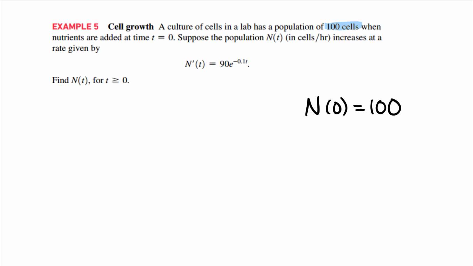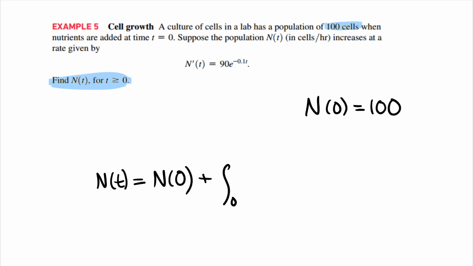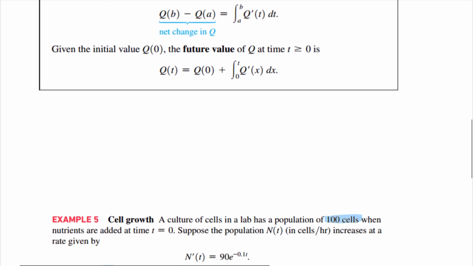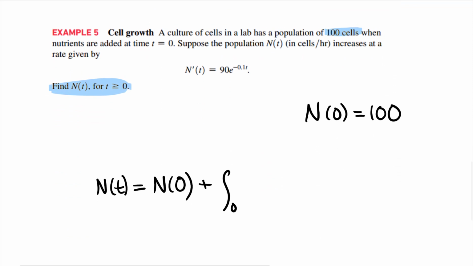Okay. Now we want to find a function. So let's set it up. N of t is just going to be equal to our N of 0, our initial value, plus the integral from 0 up to t. But now I have to change these variables.